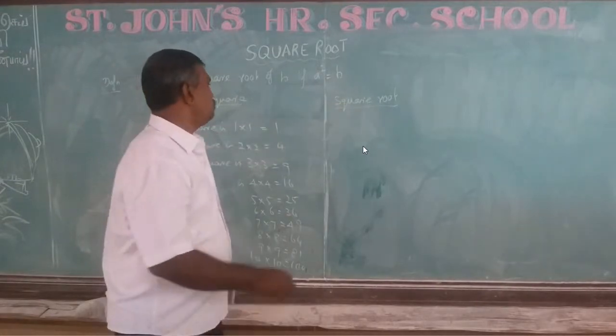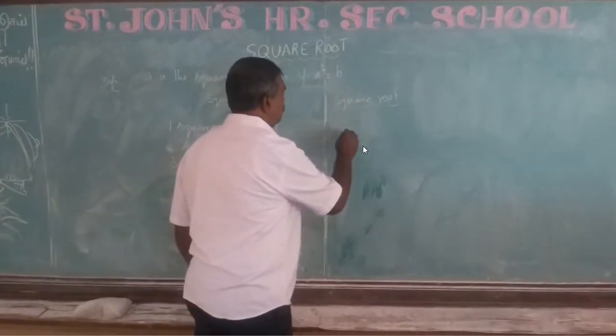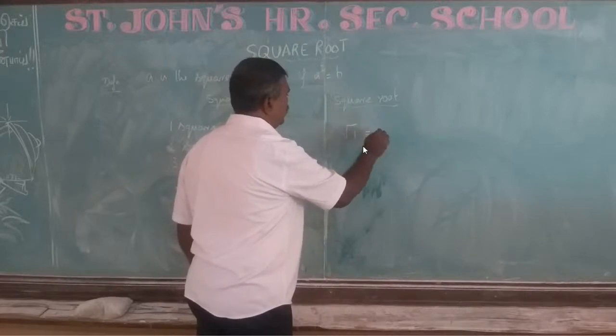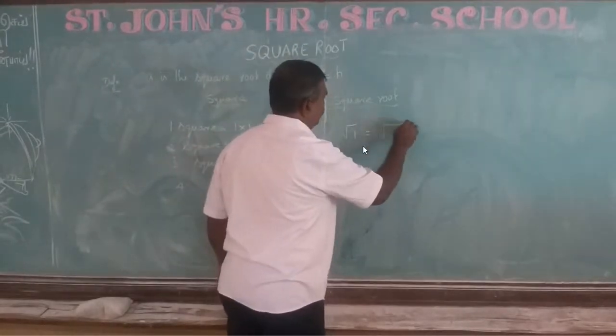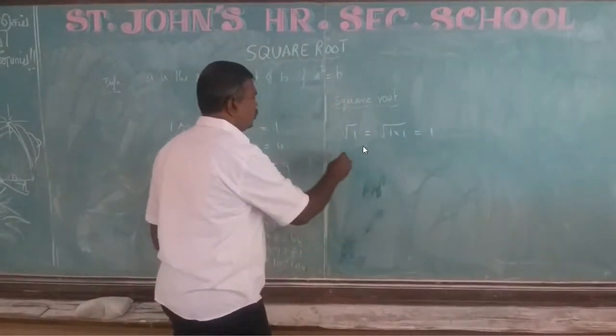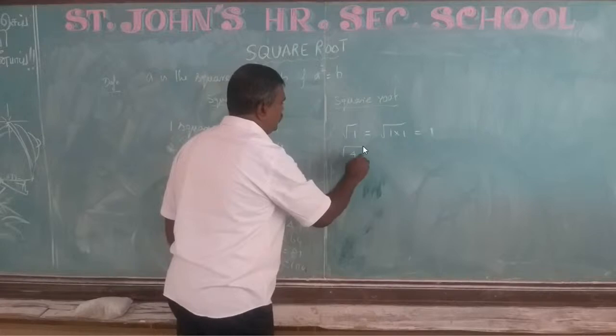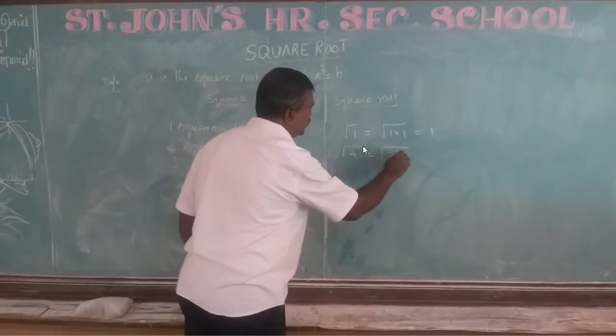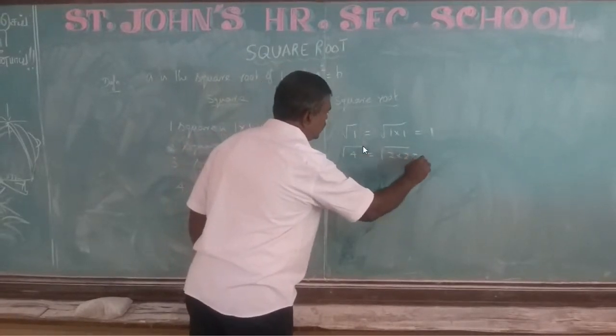Square root means square root of 1 equal to square root of 1 into 1 equal to 1. The square root of 4 equal to square root of 2 into 2 is equal to 2.